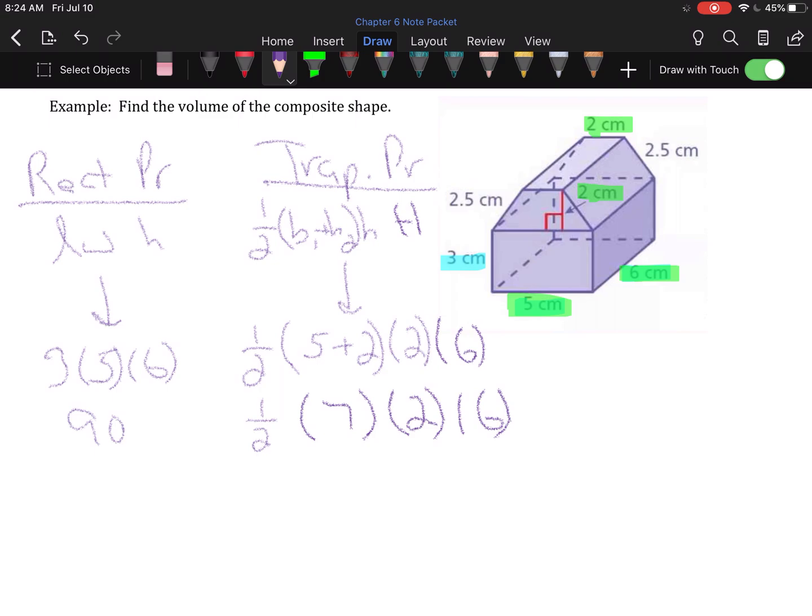Now let's see, 1/2 times 2 is 1. 1 times 7 is 7. 7 times 6 is 42. The volume of the whole shape, then, is the rectangular part plus the trapezoidal part. 90 plus 42 is 132 centimeters cubed.